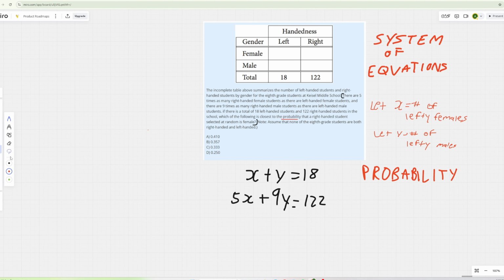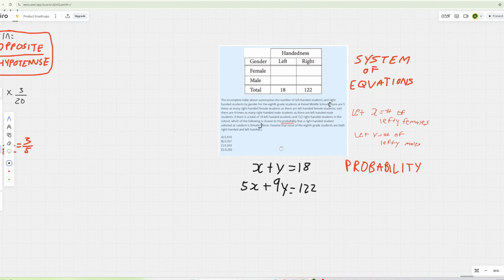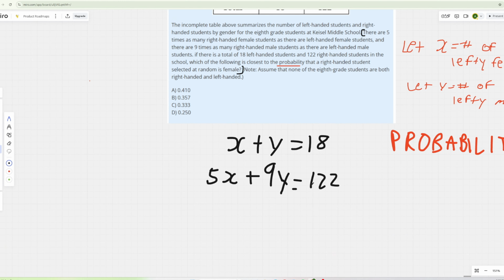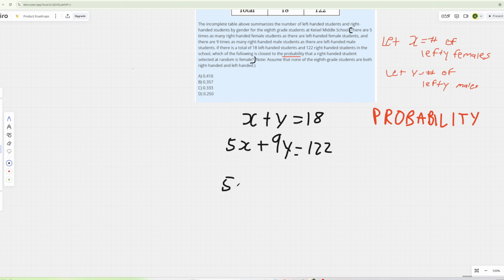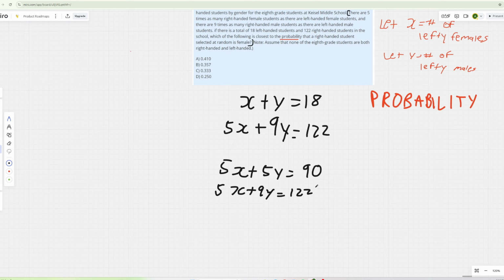But first, let's just try to solve what our x and y are. I'll just solve for x. It makes it a little bit easier. 5x plus 5y equals 90. 5x plus 9y equals 122. I trust you guys know how to solve this, so I'm just going to go fast.